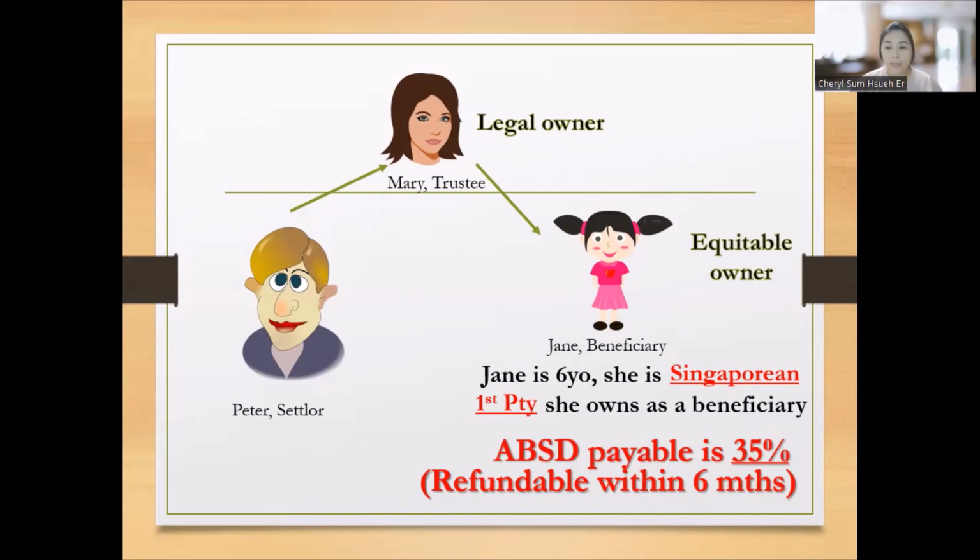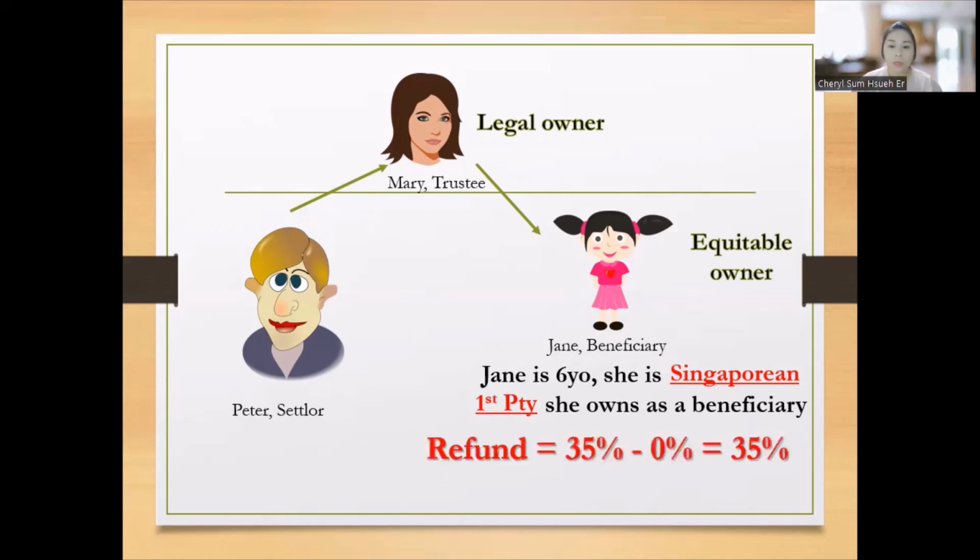The difference between what has been paid and what applies to the profile of the beneficiary will be the refund amount payable. In this case, the refund is going to be the full 35%, isn't it? Because as a Singaporean beneficiary holding the first property, she doesn't attract any additional buyer's stamp duty. So the refund is going to be fully 35%.